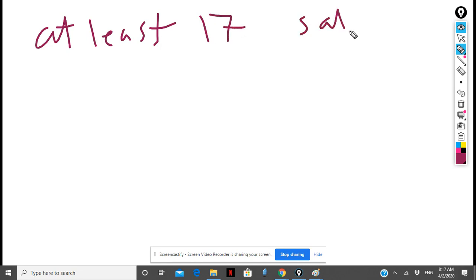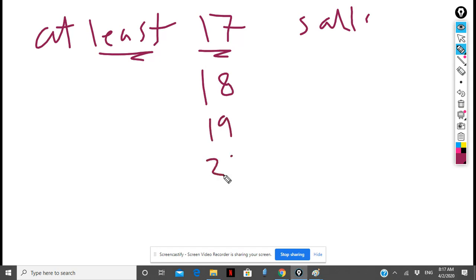At least means 17 or more: 17, 18, 19, 20, and you have to add these probabilities to get at least. So I find the probability of 17, 18, 19, and 20, and after that I add them up.